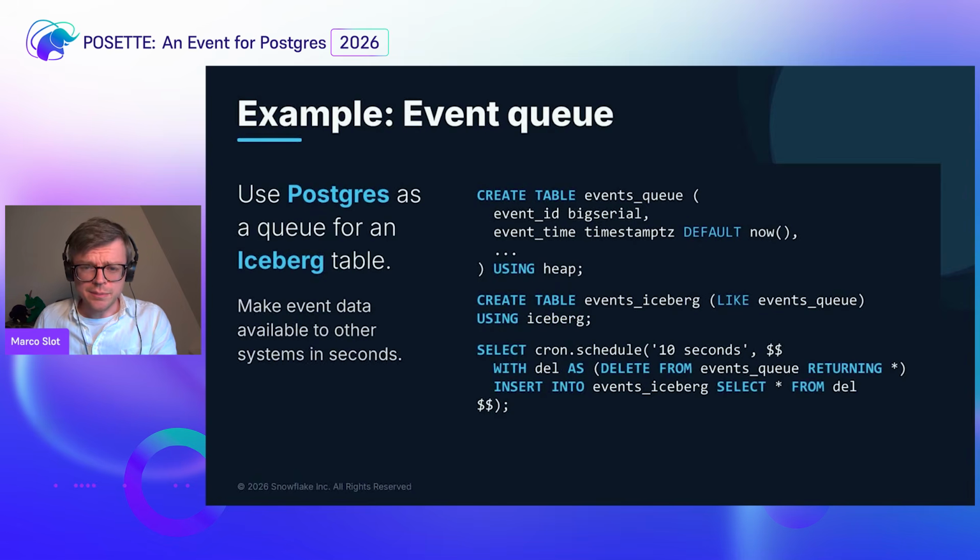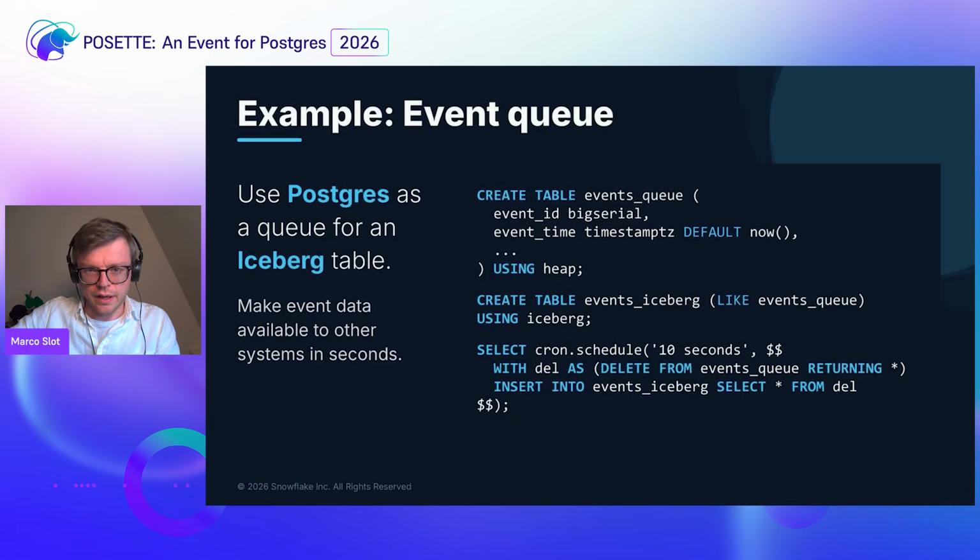A similar pattern, but still quite different in some ways, is I have a table that I use as a queue in Postgres. So I just need a quick and durable way to write an event somewhere. And I don't need it to be in Postgres. I just need it to be in a place where other systems can query it.